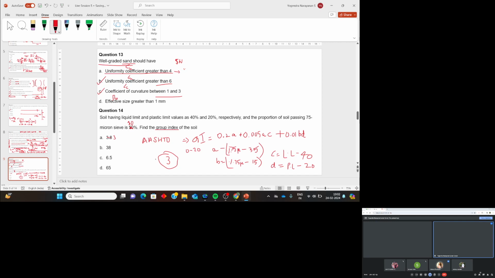But you said the range will be 0 to 20. If there is a negative value, then group index will be denoted as 0. Please keep this in mind. Please do not forget it. So the option will be 3 here.